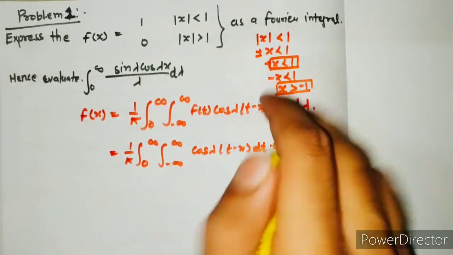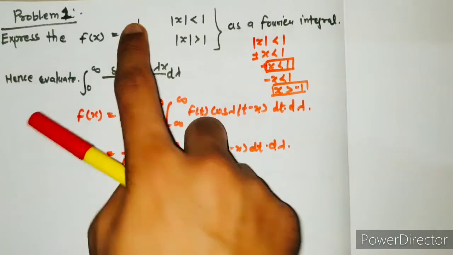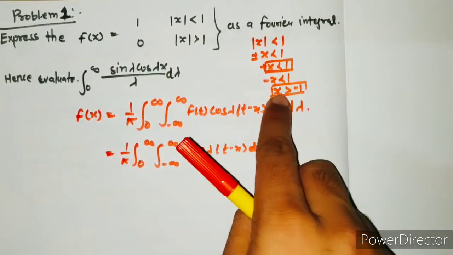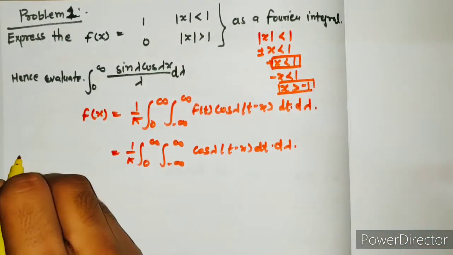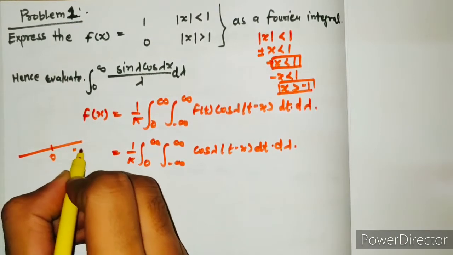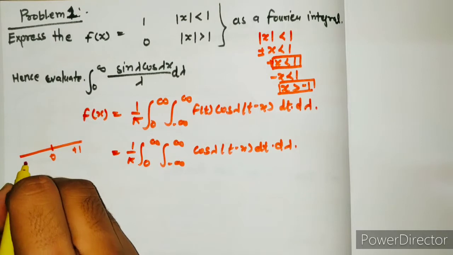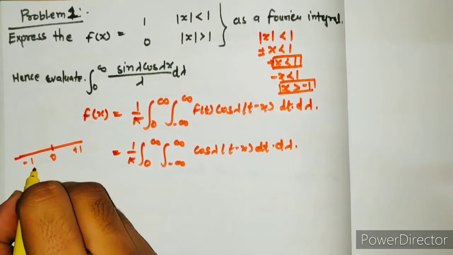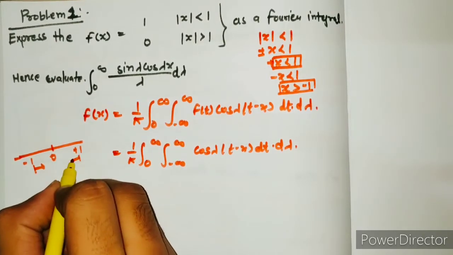It means this value exists when x is less than 1 and x is greater than minus 1. So the limit exists for this term.